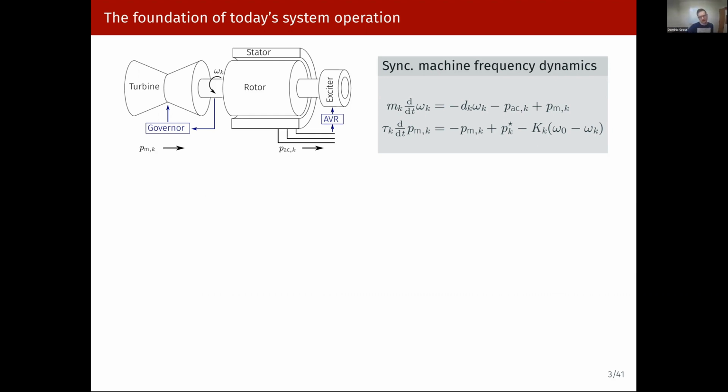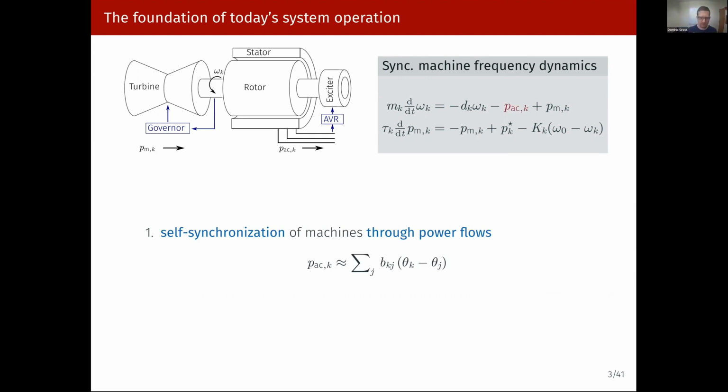And now from a system level point of view today, the key properties of these machines are that the power flowing between the machines is proportional to the angle difference and the line parameters. So this gives you a notion of self-synchronization of different machines. So at the end of the day, every machine has its own rotor frequency, but then very quickly they self-synchronize through the network.